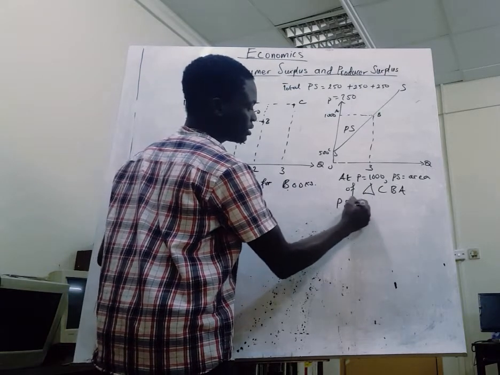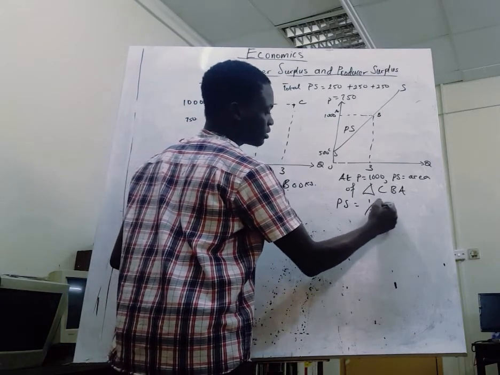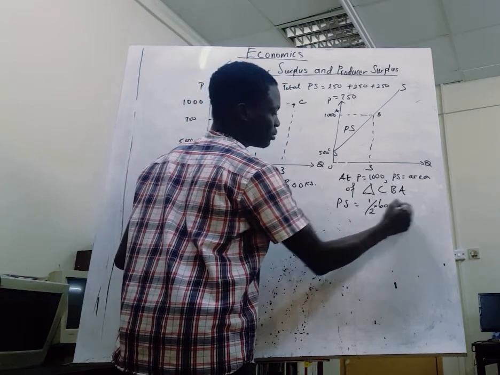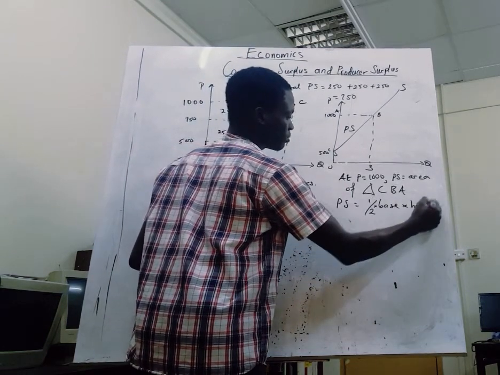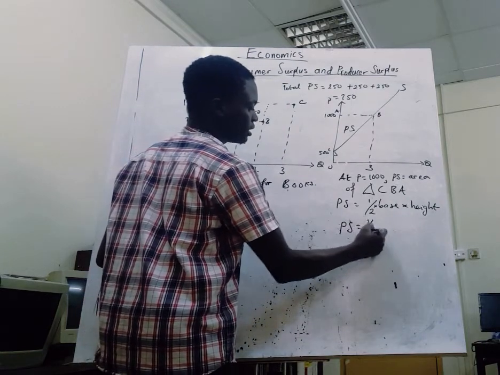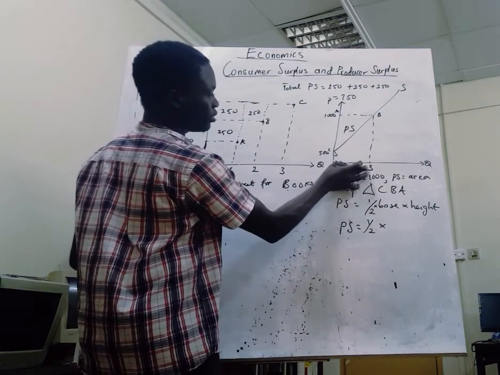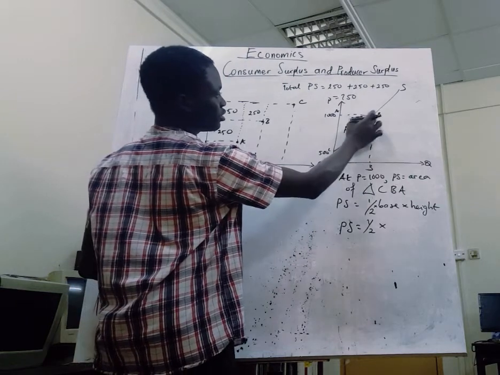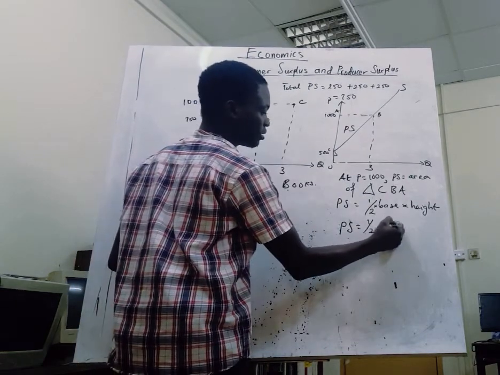So PS is equal to half times base times height. So PS now is equal to half, then our base is simply here to here, which is the same thing as 0 to this, and that is 3, of course.